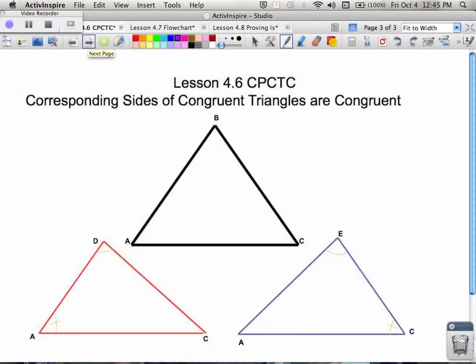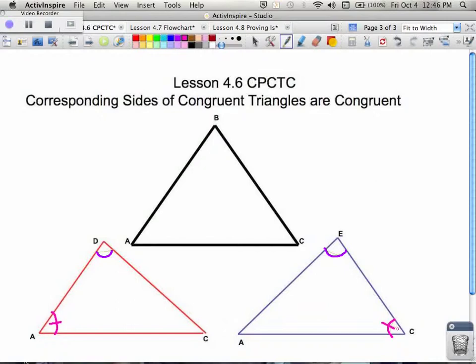Here we pulled out the blue and the red triangle to kind of see what's going on. What I notice is that this angle D has a marking on it, which is exactly the same as angle E. Also, I notice that angle A off to the left here in the red triangle and angle C off to the right in the blue triangle have the same marking.